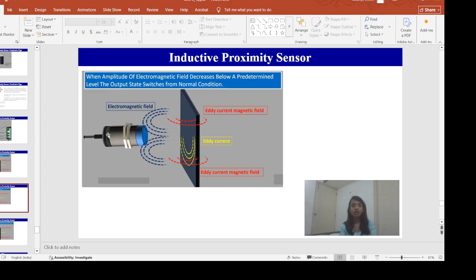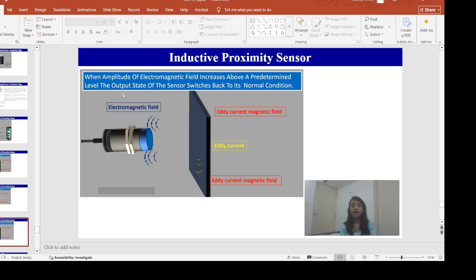When the amplitude of this electromagnetic field of the coil reduces below a predetermined level, the output state of this sensor will switch from the normal condition, and it will generate a sensor output signal which will indicate that the target has reached close proximity of the sensor.